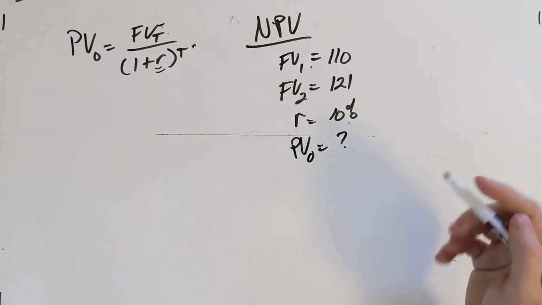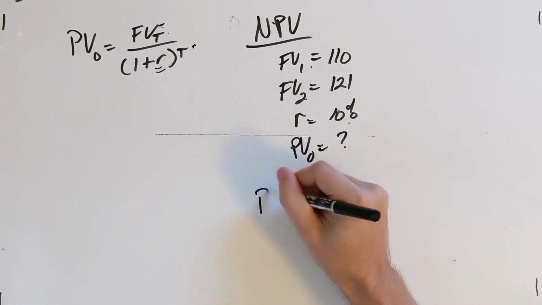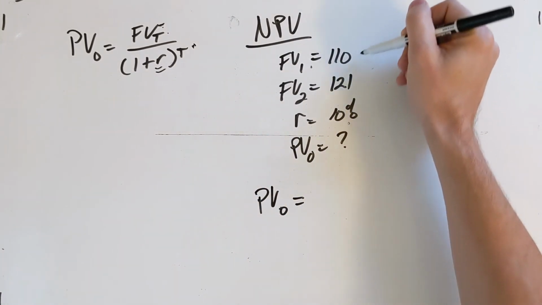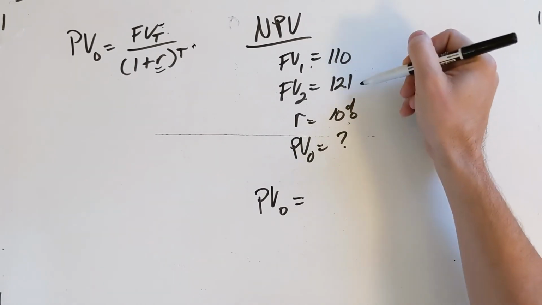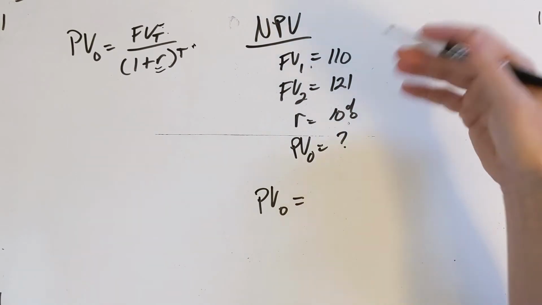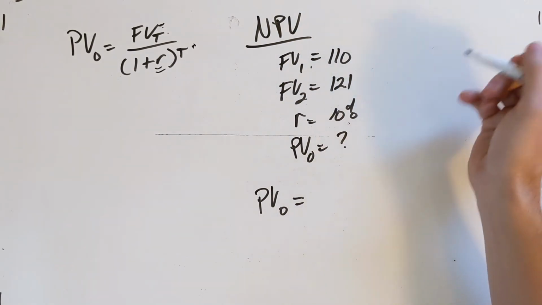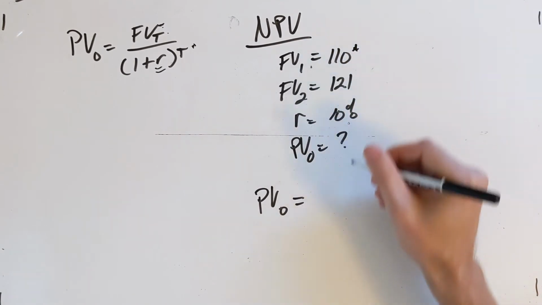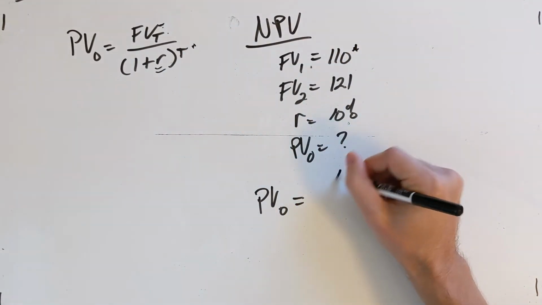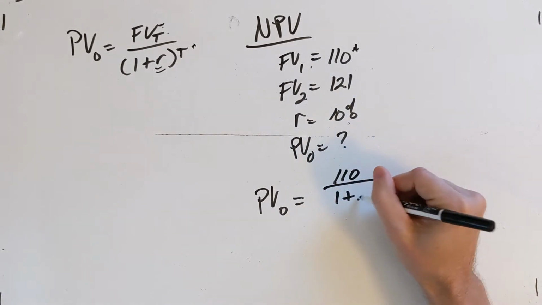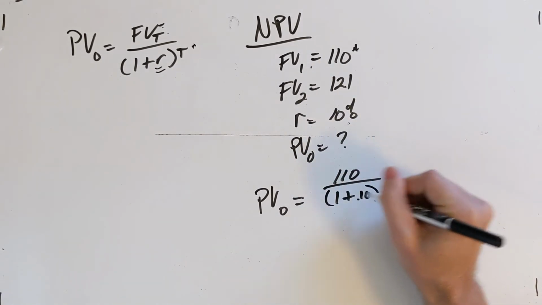Well, we can say that the present value is going to be equal to the sum of the present values of each of these payments. And for each payment, this formula represents how we would find the equivalent present value. So for the first cash flow, we take the future value divided by 1 plus R raised to the t.